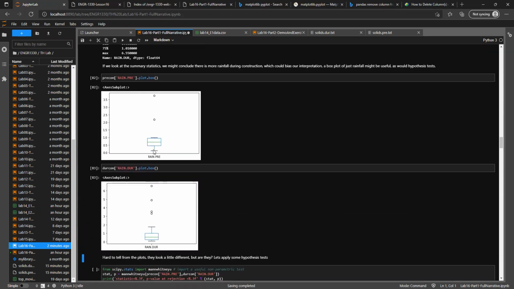All right, so the minimum is pretty much the same, but the scope on these is a little different. So notice that this area here is the same here. So the one on the bottom is more smushed.